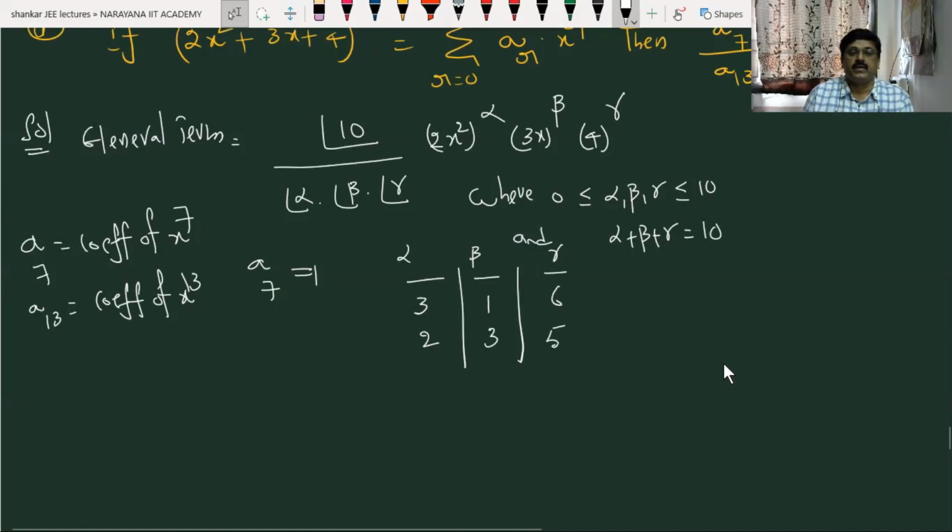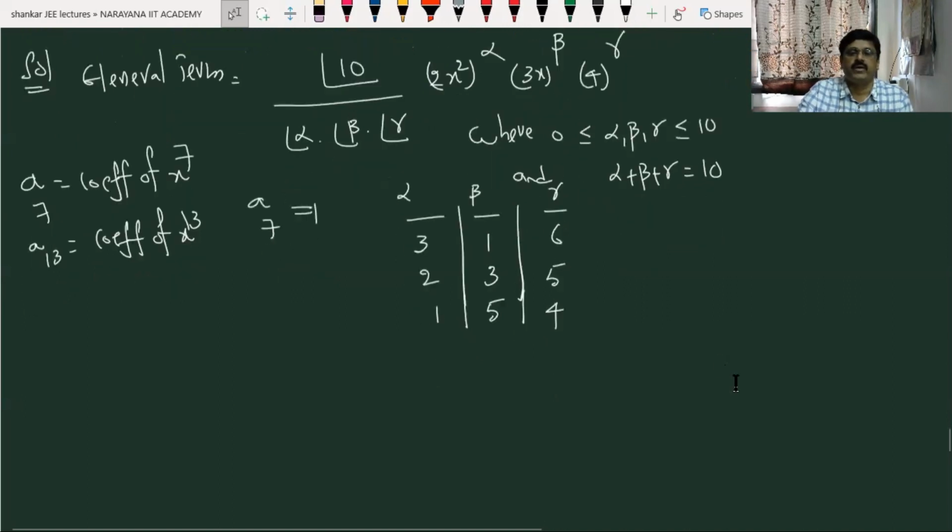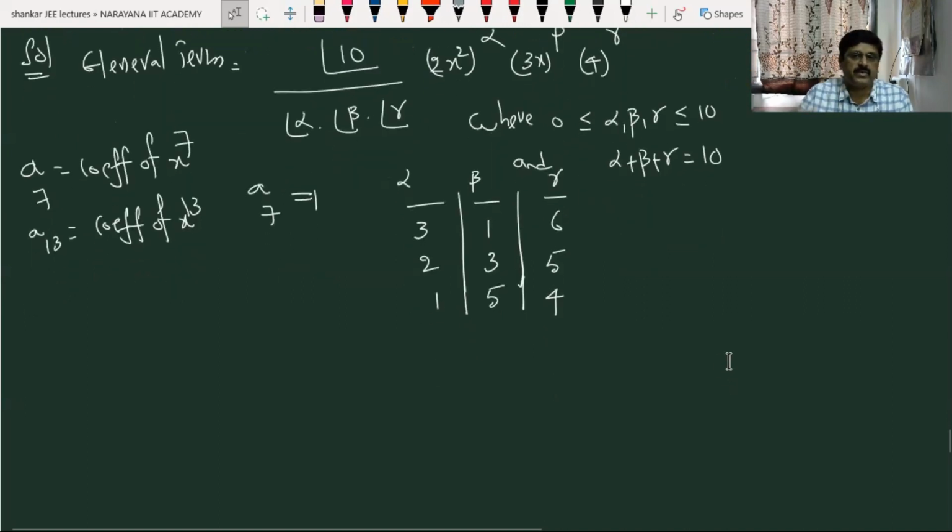Okay, nice. Now I want to take alpha as 1 students. Next, beta as 5, remaining 4. Why? Because, students, alpha 1 means here x square came, beta 5 means x power 5 came, gamma 4. Okay, nice. Is there any other way, students?